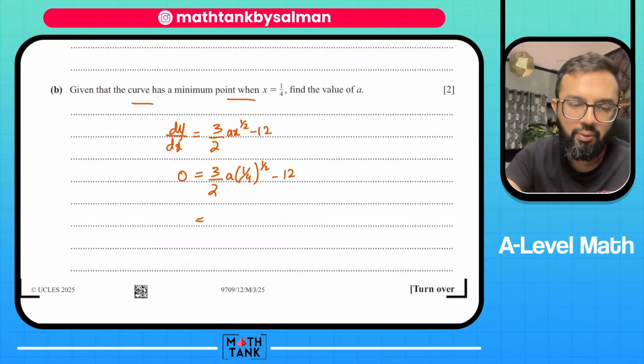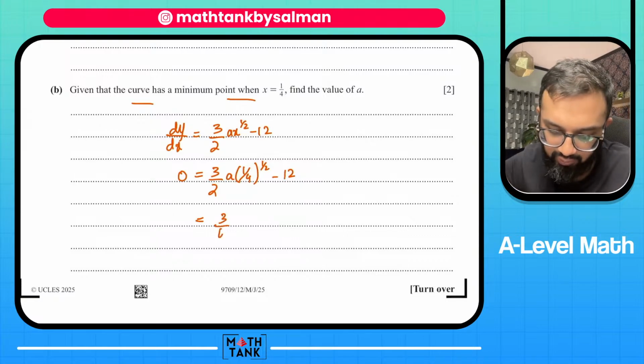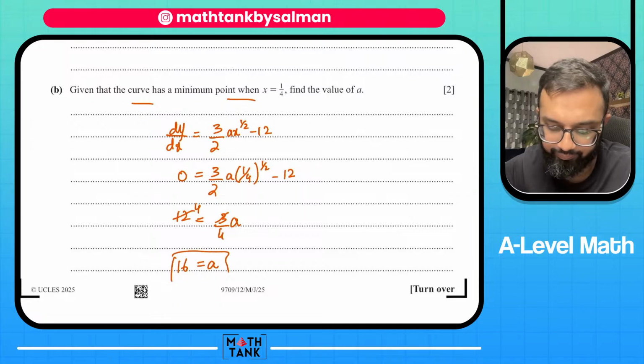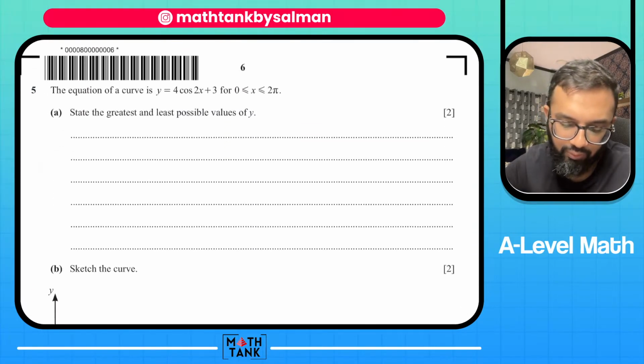Okay, so calculate 1.5 divided by root 2. Sorry, no, 1.5 divided by 2 is 3 over 4a equals 12. A equals 16. That was question number 4.